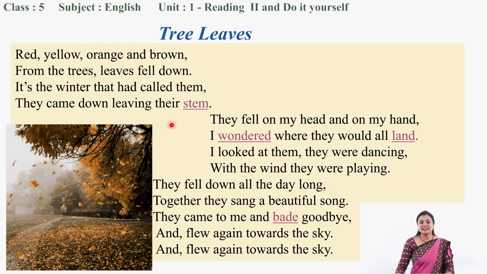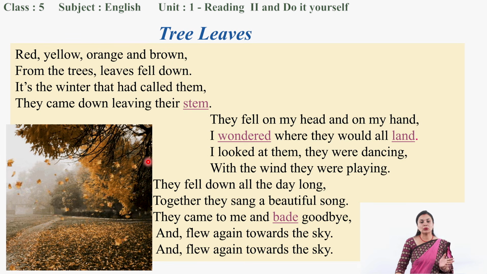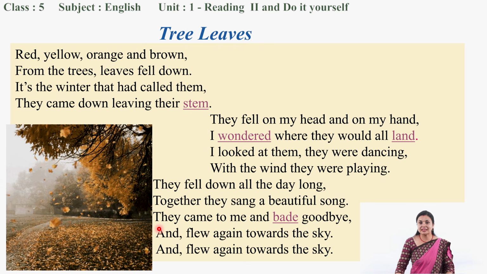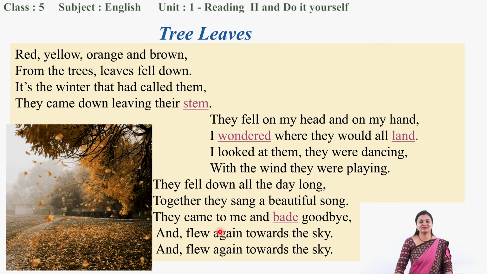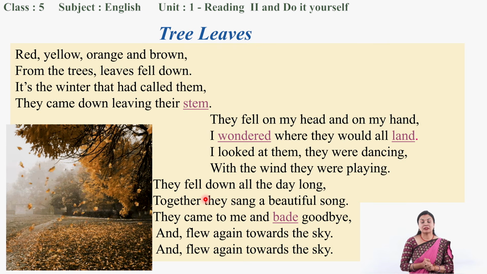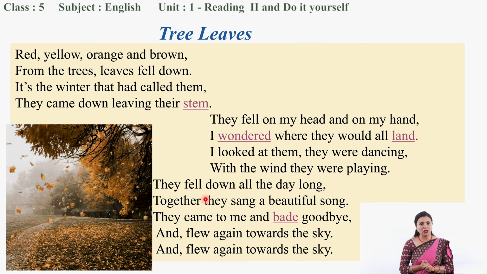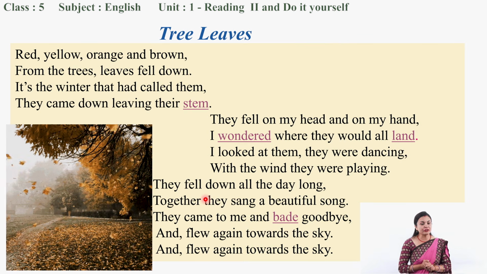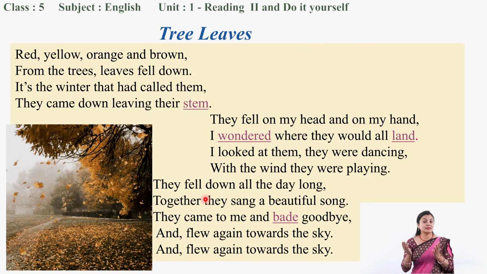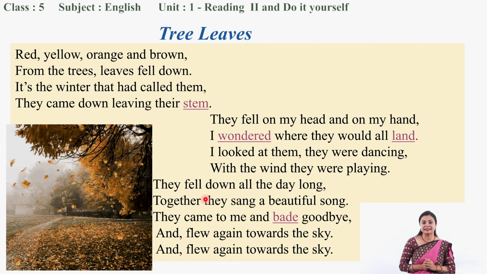Yes, the writer has written this poem, so all of this is about the writer. So, where did the tree leaves fall? Of course, they fell on the writer's head and the writer's hand.